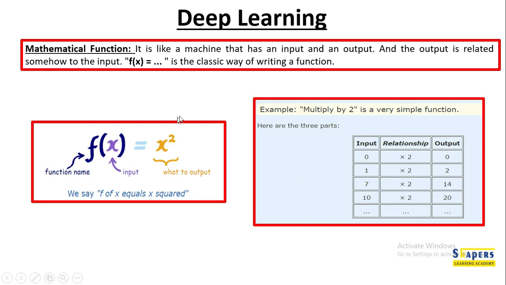A function is represented as f of x. Here f is the function name, and x is the input, and the output is related to the input in this way: the squared value of x. So f of 1 equals 1 squared, which is 1, f of 2 becomes 4, f of 3 becomes 9, and so on.